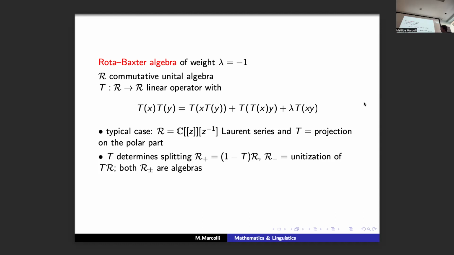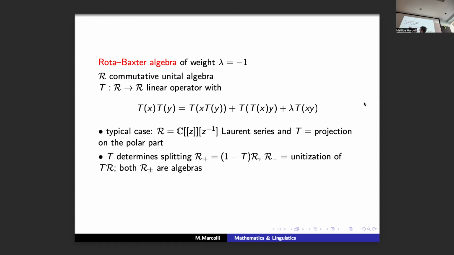And why is this identity interesting? It's because, you see, T projects onto the polar part. If I take the polar part of a product, even though it's not the same thing as the product of the polar parts, it is always in the range of T, because it's a combination of three terms, each of which is T of something.